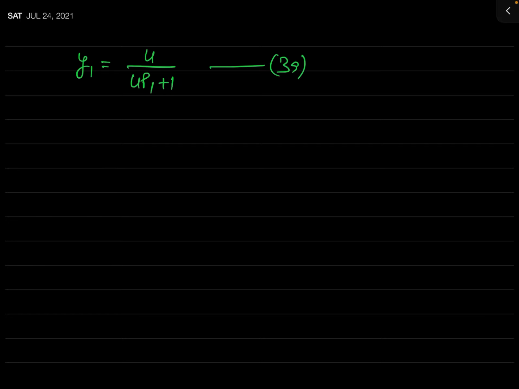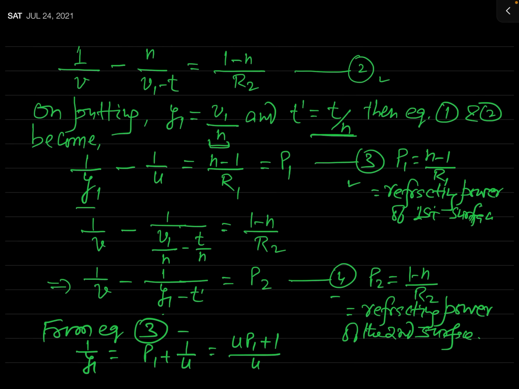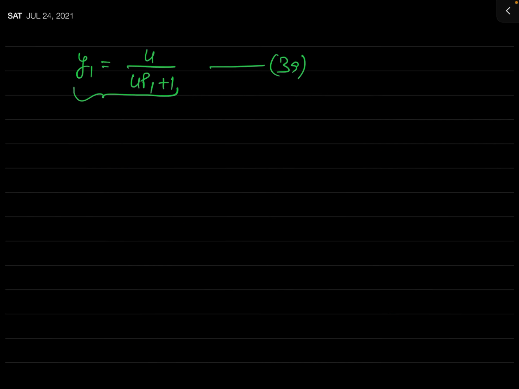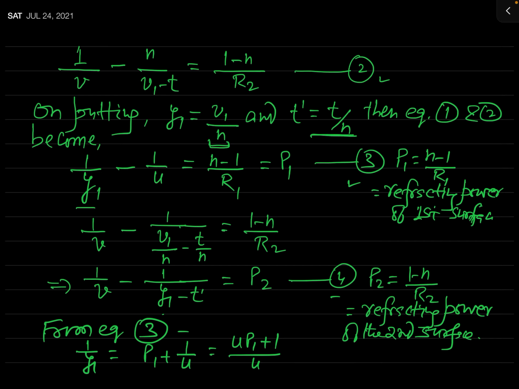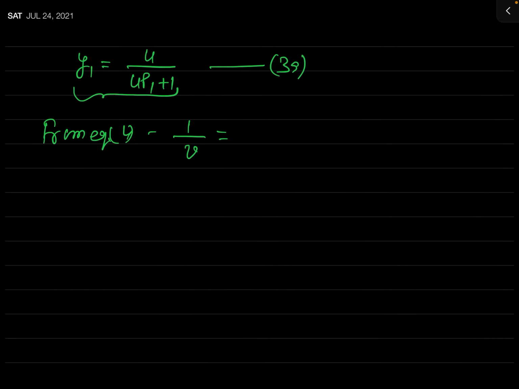Now we will substitute this value of y1 in equation 4. From equation 4, what will be this 1 over v? Take the second term in the RHS, that will be in fact p2 plus 1 over y1 minus t prime.